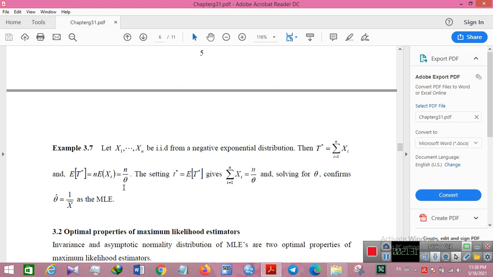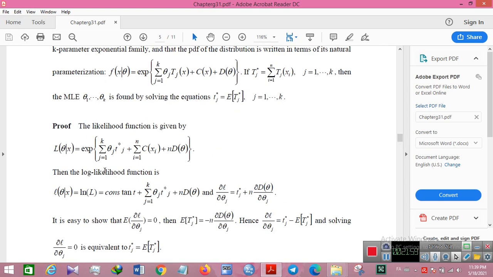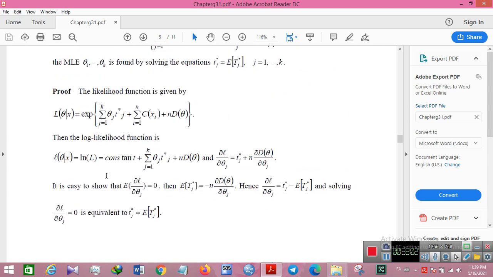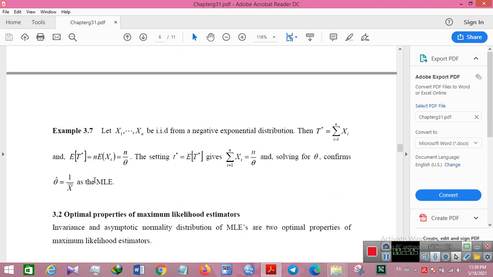So the likelihood function in the multi-parameter exponential family is very simple, and we can find the MLE for different types of distributions. We gave some examples here, and students can examine different examples to find the MLE of unknown parameters.